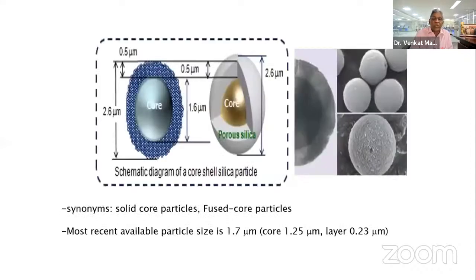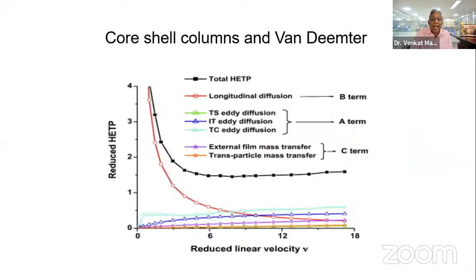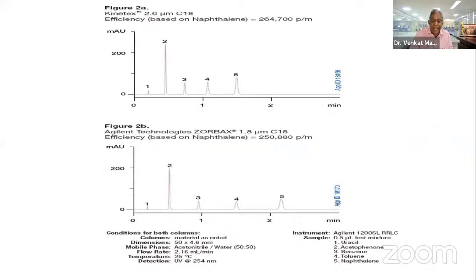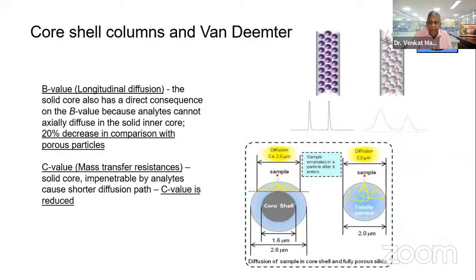When it comes to core shell columns, this is a typical schematic diagram of a core shell silica particle. I will show a better picture for you. In this core shell column, I will skip this slide and show you the A value, B value and C value in the entire core shell column. In all these parameters, look very carefully at how the sample is distributed. If you look at this graph, this is a core shell column.